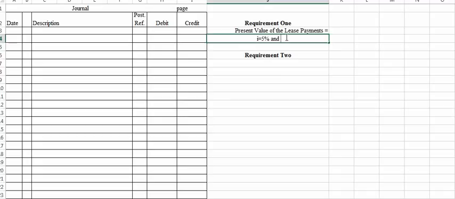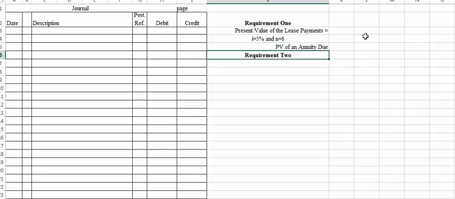Well, interest will be paid twice a year for 3 years, so N is equal to 6. Okay, now remember, we're going to the table present value of an annuity due. That's the table we want to use.